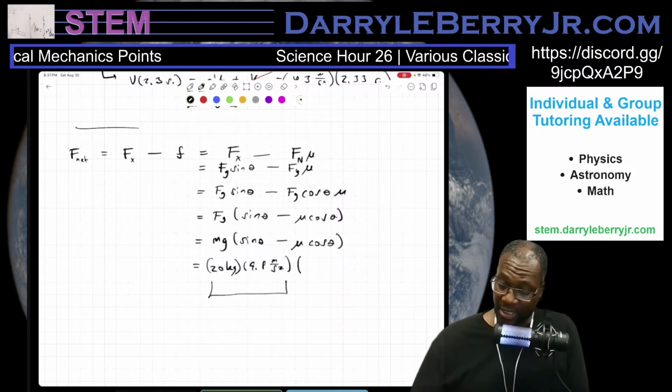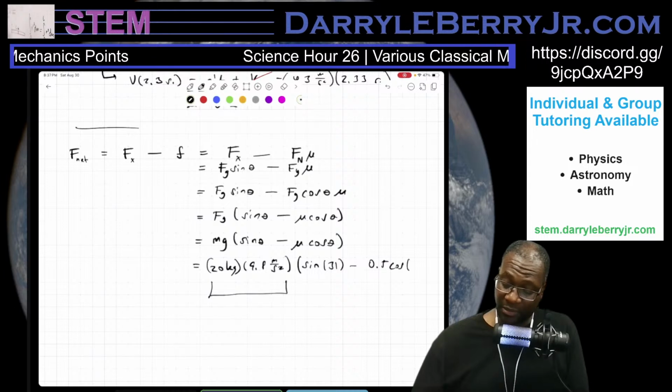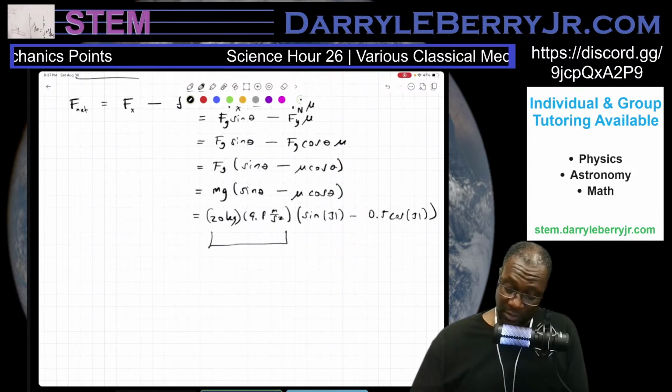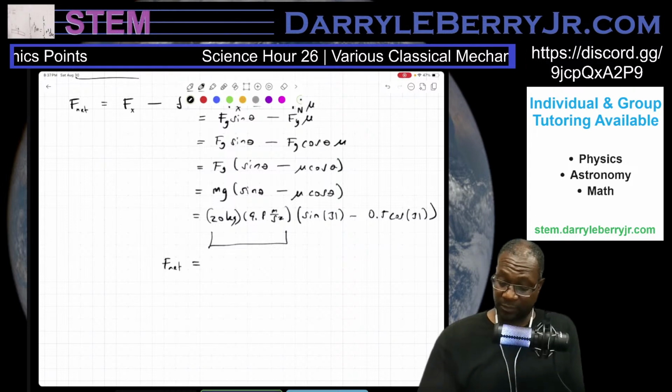And now we have sine of 31 minus 0.5 cosine of 31. So let's see what the new force is and see if it makes sense.